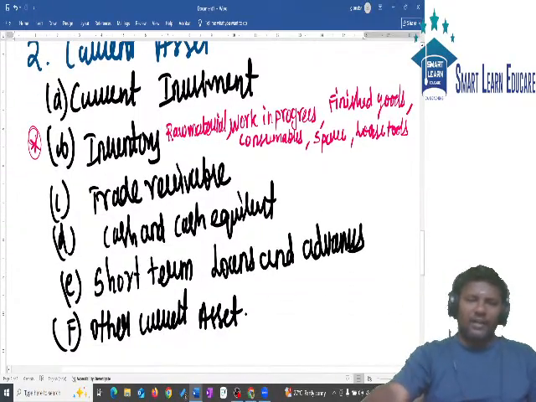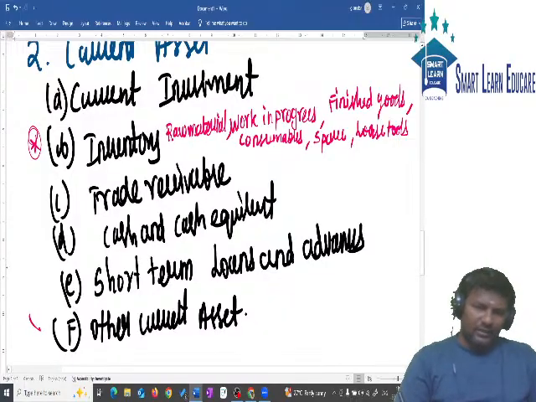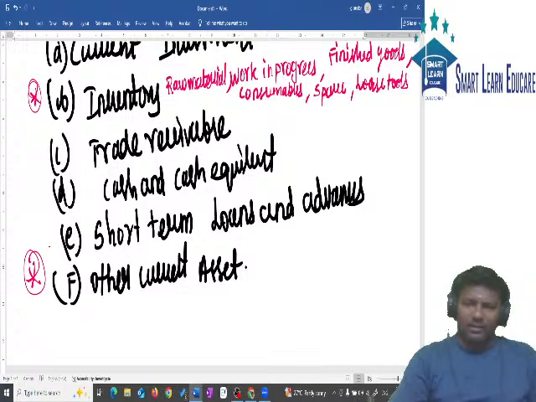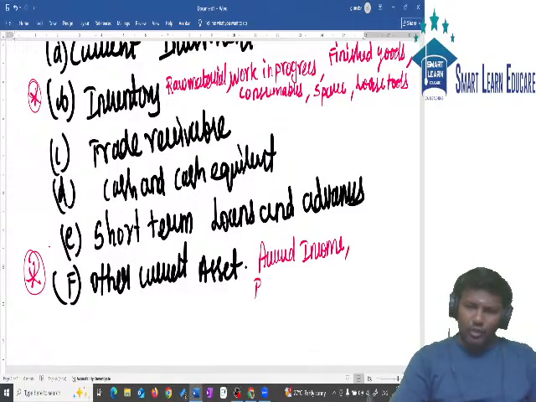Okay? And another last important item, other current asset. What all will come under other current asset? Accrued income will come under other current asset. Prepaid insurance will come under other current asset.